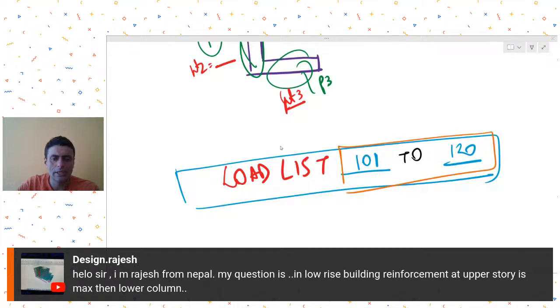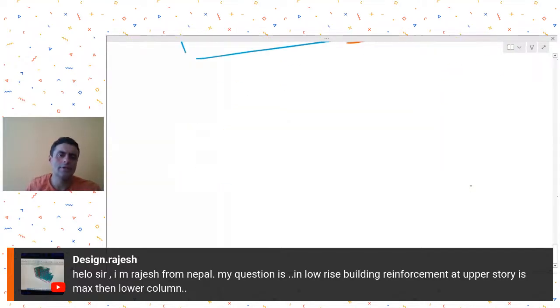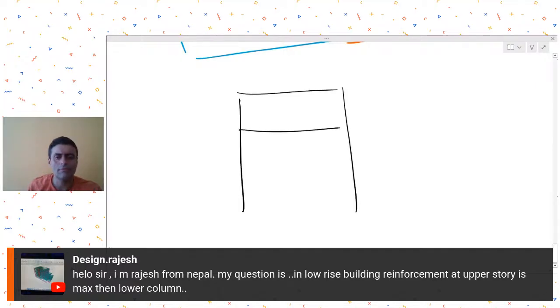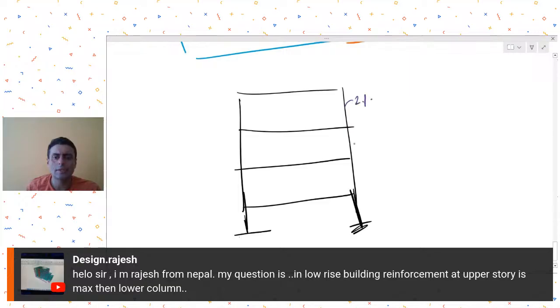Engineer Rajesh is asking, he's from Nepal. His question is, in low-rise buildings, reinforcement in upper stories is more than in the lower columns. So this is the usual problem that you might face, where columns in the upper story, especially for low-rise to mid-rise structures, may give you higher percentages.